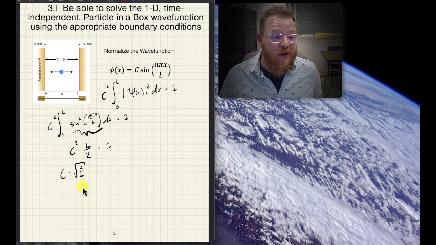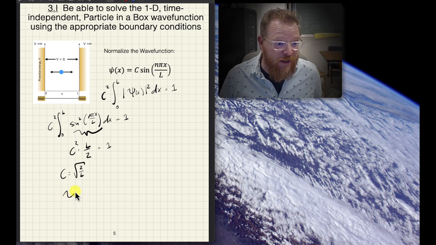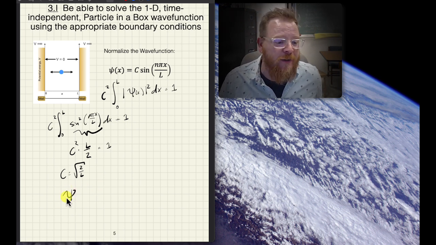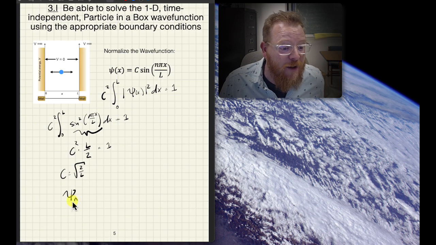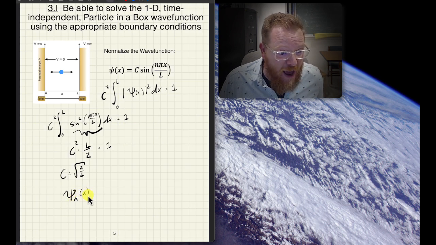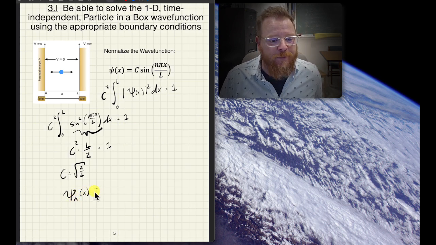Thus, our particle in the box wave function is given as the following. I'm going to call it psi of n, noting that we have that quantum number now.